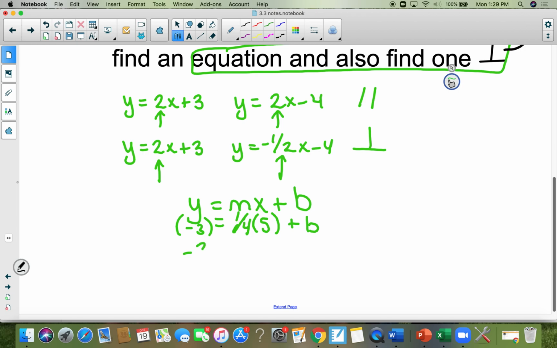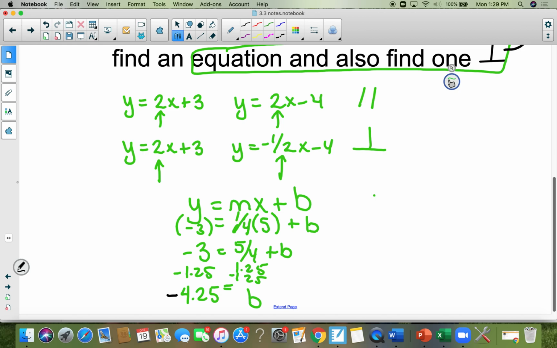So you get -3 equals a positive 5/4 plus b, which is the same thing as a positive 1.25 if you want to write it as a decimal. Subtract 1.25 from both sides. b is equal to -4.25. You're supposed to come up with an equation.